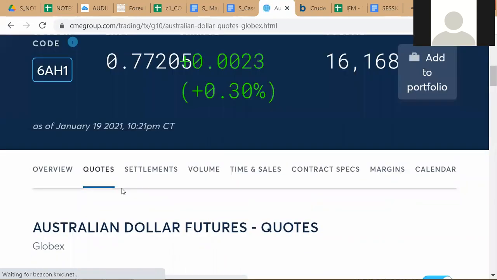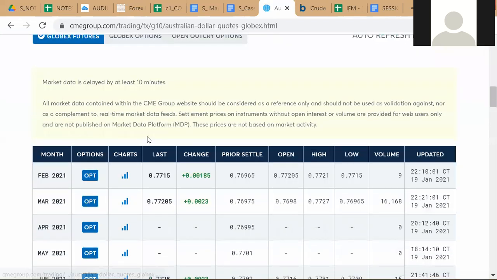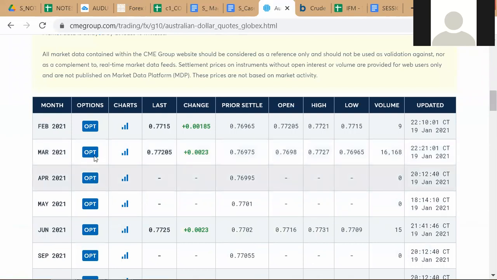For all currency futures contracts, the US dollar is the terms currency and the foreign currency is the base, because these are United States exchanges. The home currency of the United States, the US dollar, is always taken as the terms currency for all the CME currency futures. So in this case, Australian dollar is the base currency and US dollar is the terms currency.